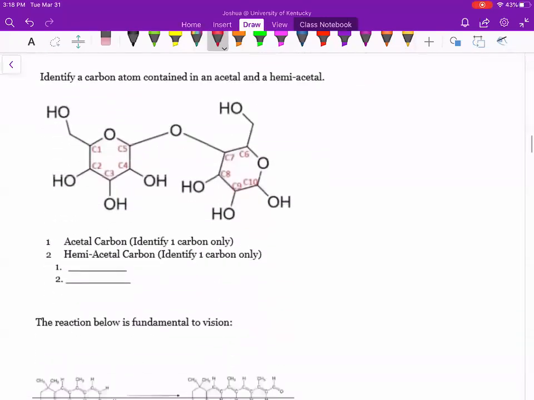Next question. Identify a carbon atom contained in an acetal and a hemiacetal. So blank 1, an acetal carbon. Blank 2, a hemiacetal carbon.